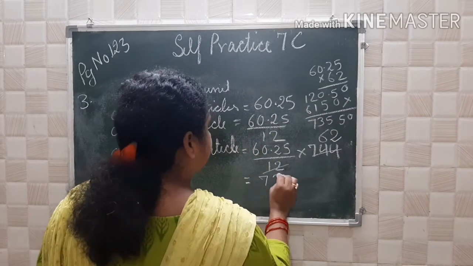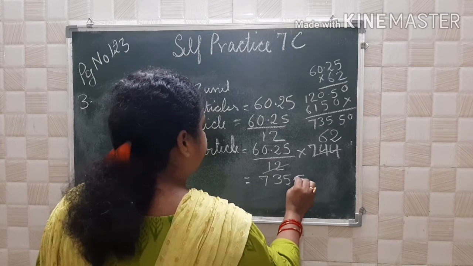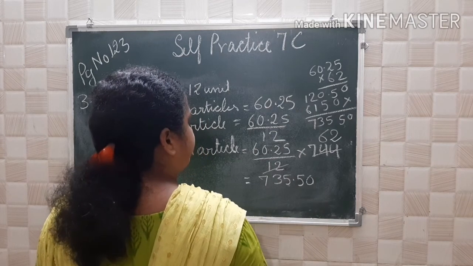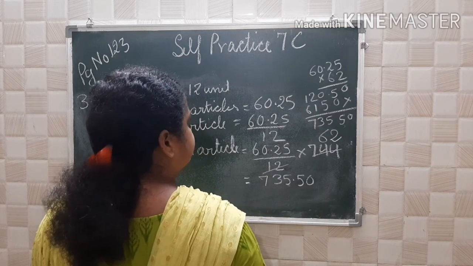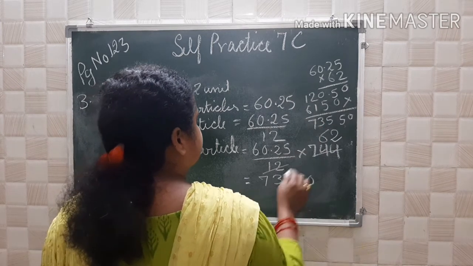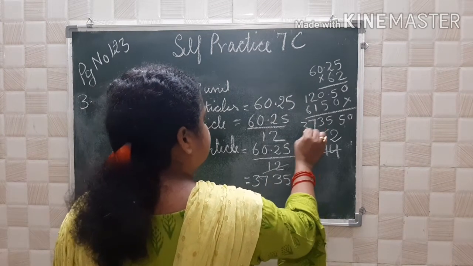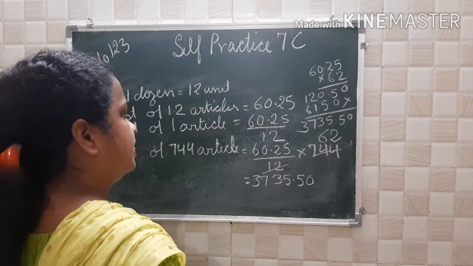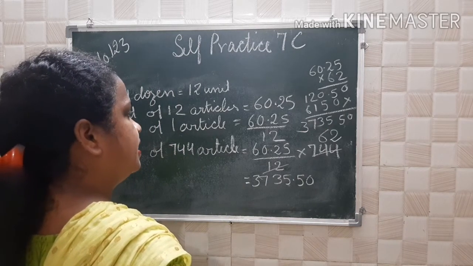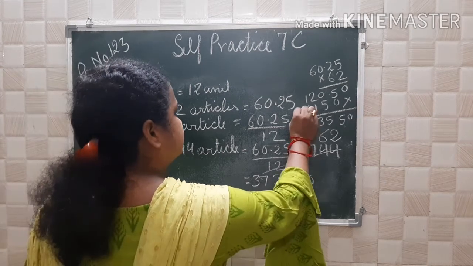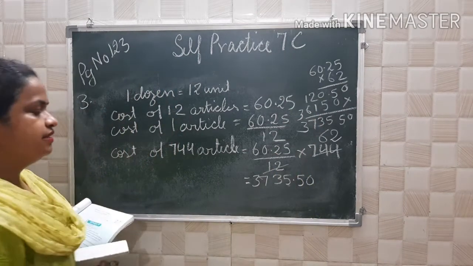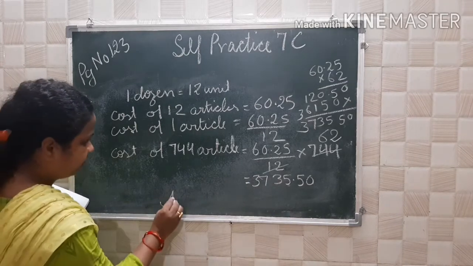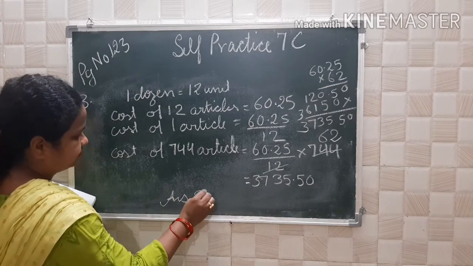Sorry, 6 6s are 36, 37. The answer is 3735.50.